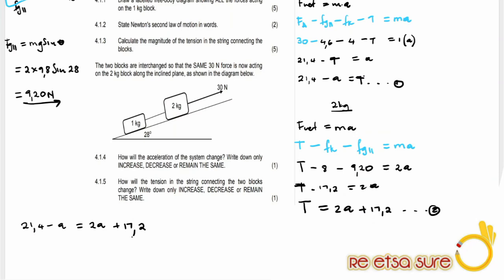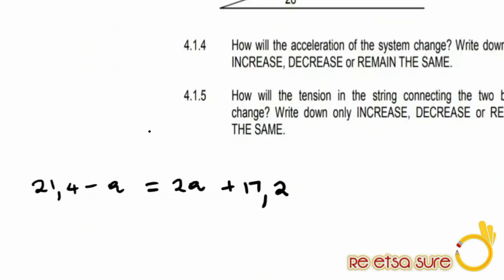So in order for me to calculate the value of a, let me transpose 17,2 to this side. So I'm going to have 21,4 minus 17,2, which is equal to 2a. If I take this minus a to the other side, it is going to be positive.